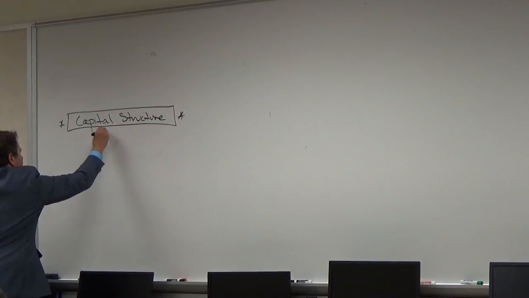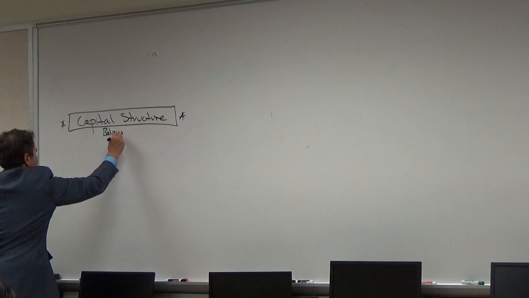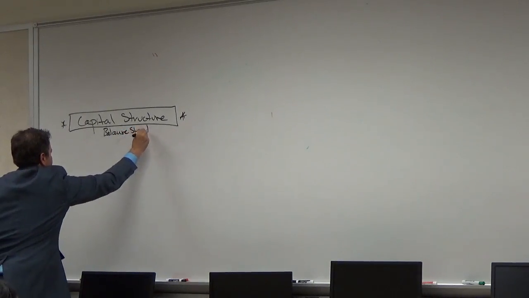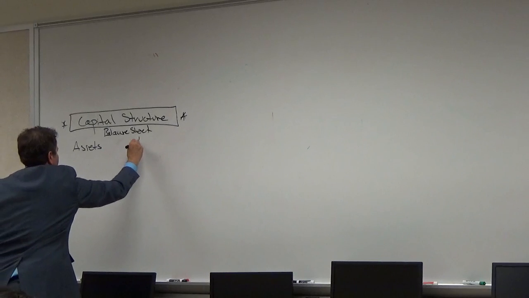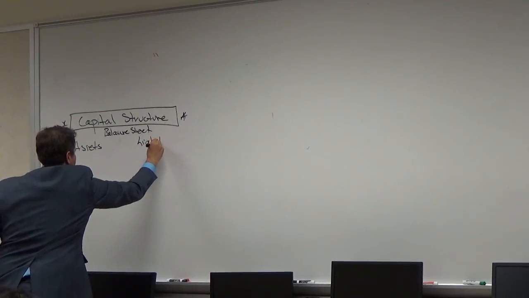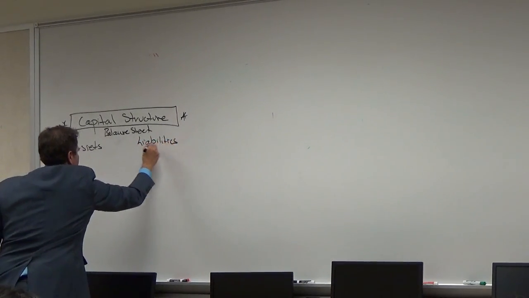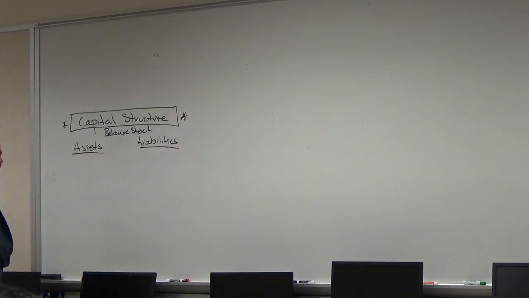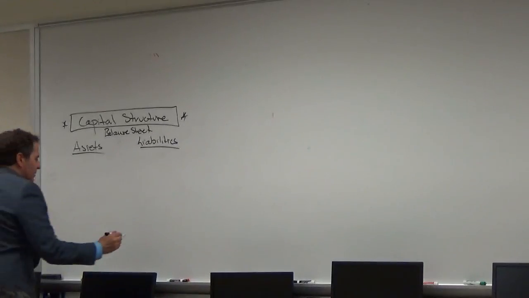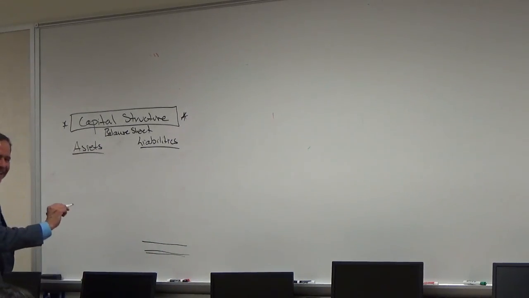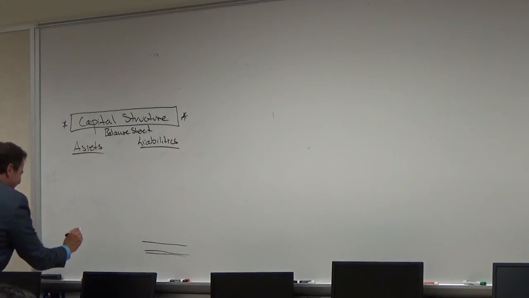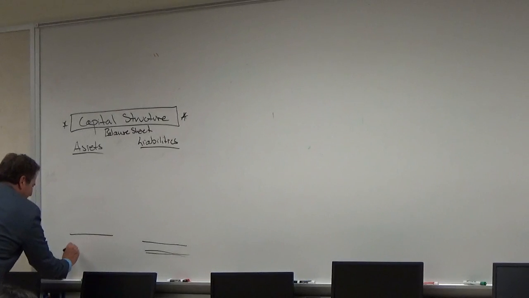You're looking at the balance sheet. You're going to have assets, and you're going to have liabilities. Now, do the assets and the liabilities have to equal each other? No, they don't. Owner's equity is thrown in there. Really? They have to match each other?